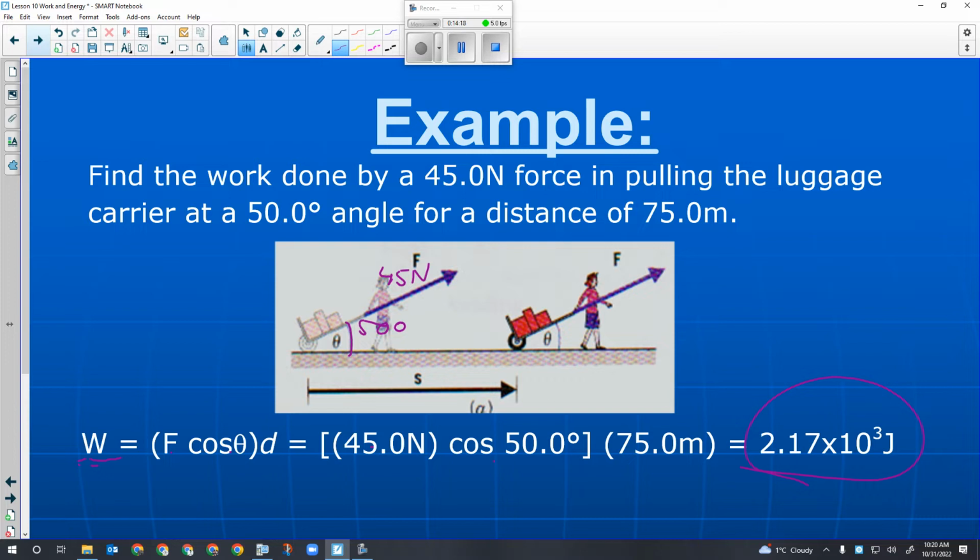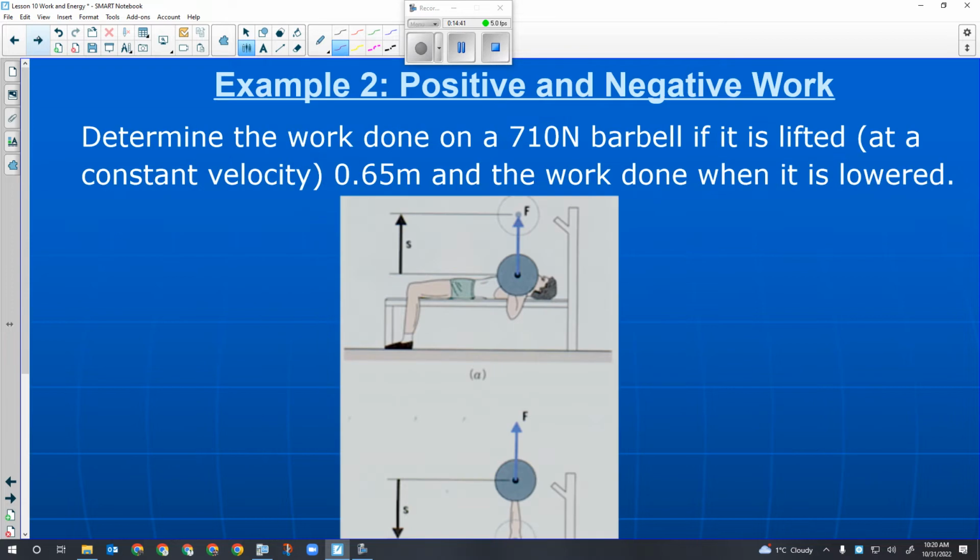That work just got turned into heat and sound and all the things that friction wastes energy on. But I didn't change the energy of the luggage. So it's possible for me to do work. It's just doing work on the surroundings or against a non-conservative force, like friction.